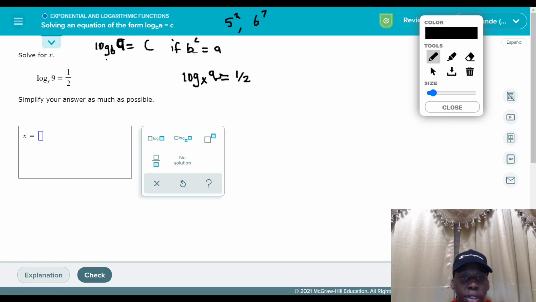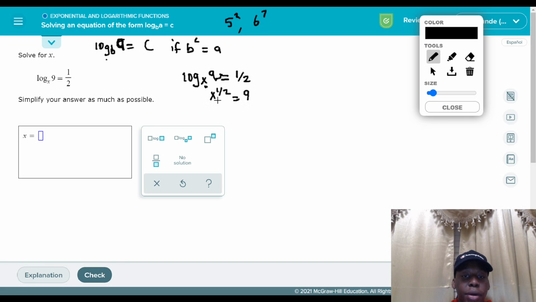So we're going to find b to the power c equals a. In this case, b is x, c is 1 over 2, and a is 9. My a and my 9 are messy. So this is x to the power 1 over 2, because this is b down here, equals 9.